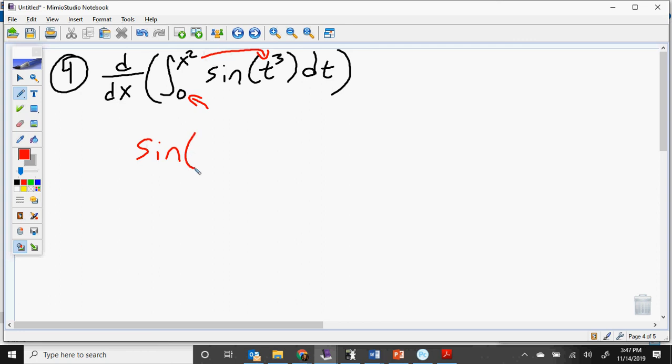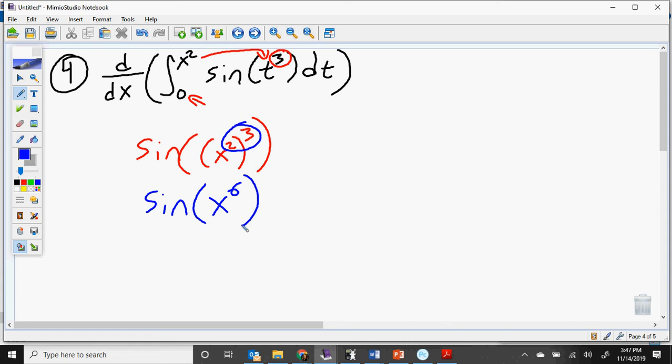Sine of x squared, but because that t is cubed, I'm going to put a little cube there, and then say sine 2 times 3x to the 6th.